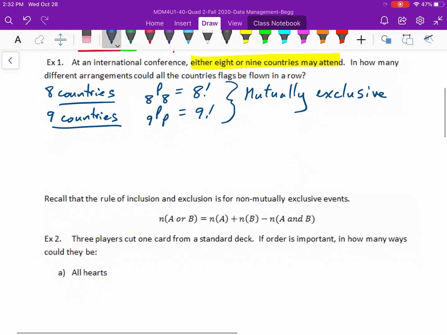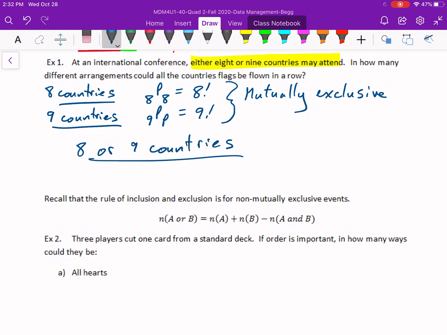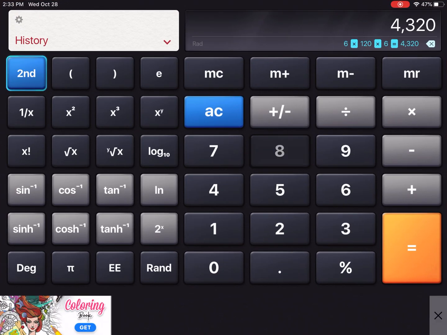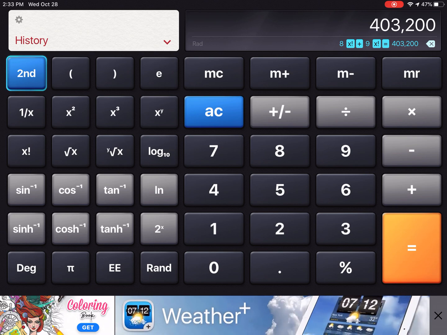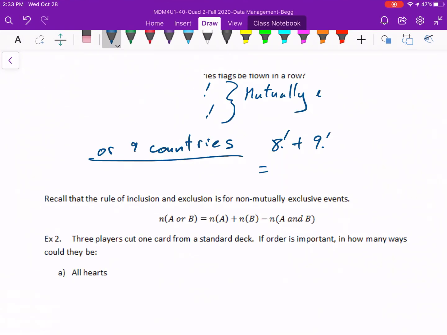So the ways to arrange 8 or 9 countries, since they can't both happen, would be 8 factorial plus 9 factorial, which equals 403,200.